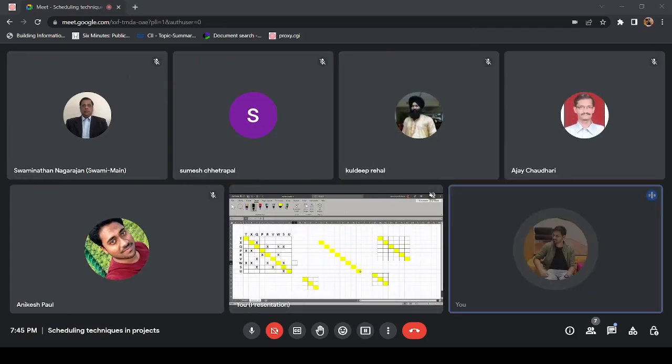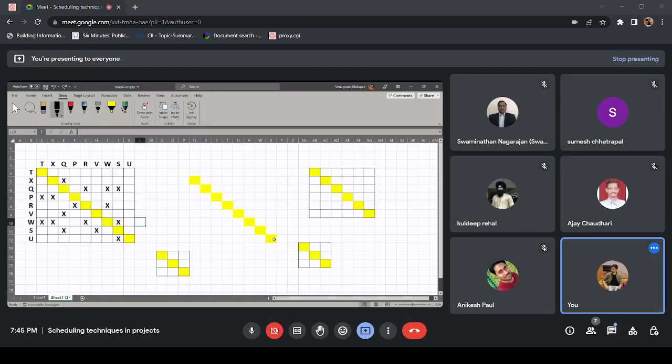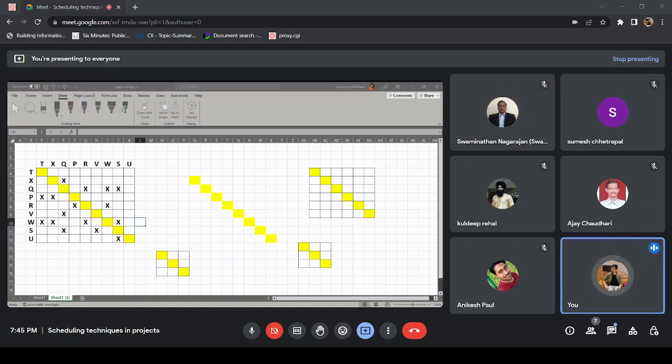Okay, is this the same matrix that we were discussing? Yeah. So the next step would be, all you guys can see my screen, right? Sure. So what I will do is start creating a copy of this sheet and move forward with this.